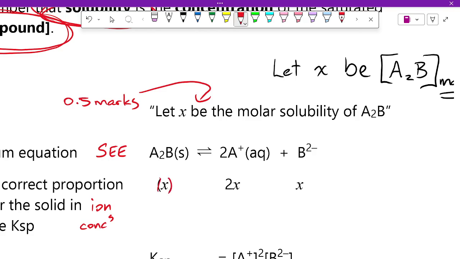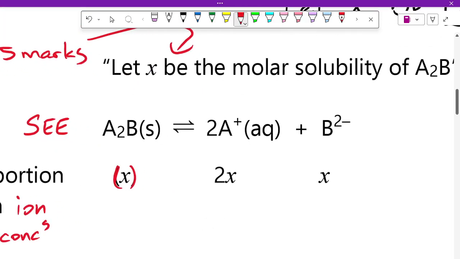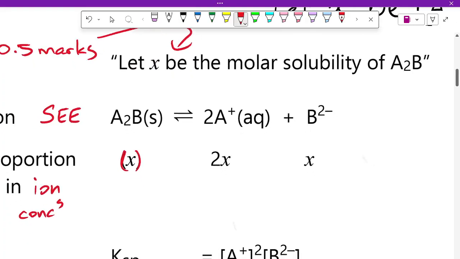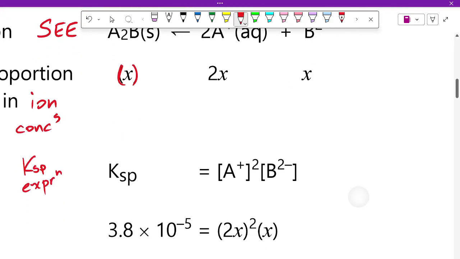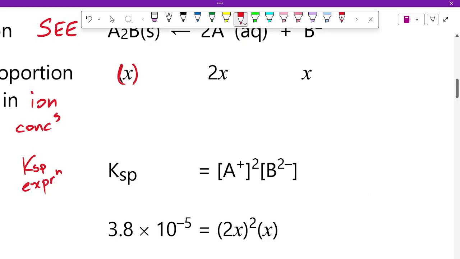Why do I put this one in brackets? Because it's a solid. If we have 2A, that's going to be 2X. If we have B, that's going to be X. We will write a KSP expression, and then we will plug in KSP and our X's.